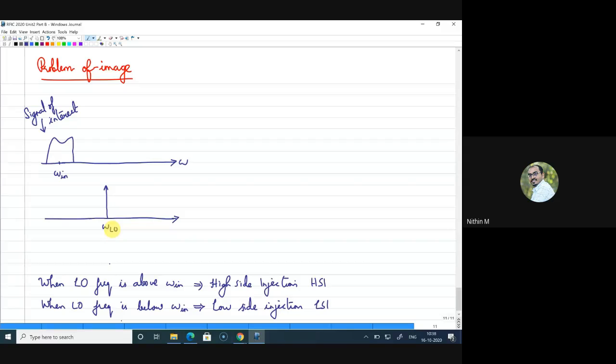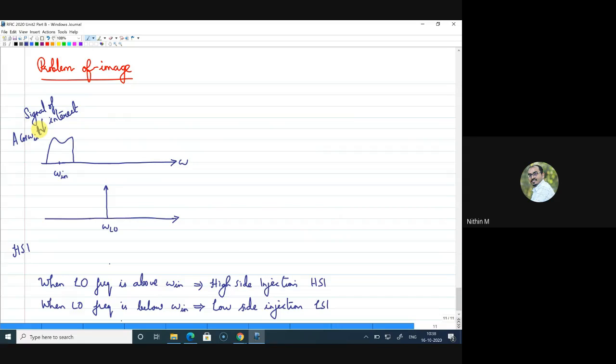Okay, I think I'm getting responses from more than 54 now. So this is HSI, high side injection, and your LO frequency is greater than omega in. So the input, I will write this as A cos omega in t, even though I have shown it as a modulated signal.